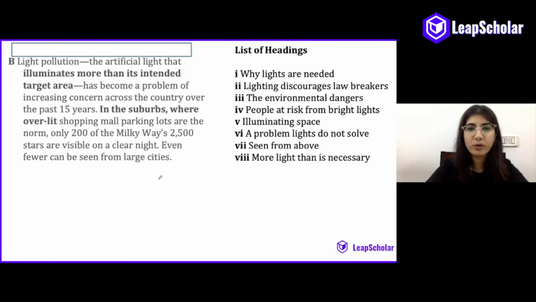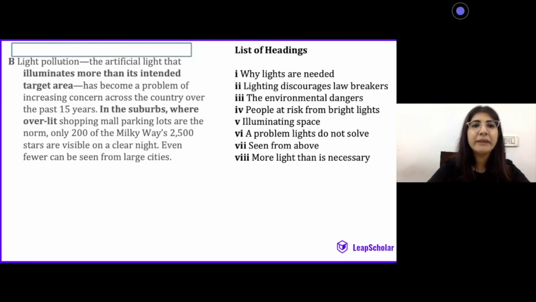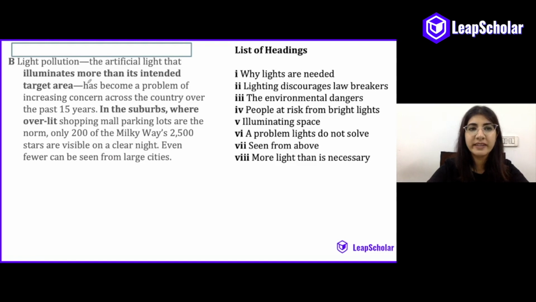Light pollution, the artificial light that illuminates more than its intended target area, has become a problem of increasing concern across the country over the past 15 years. In the suburban region where overlit shopping mall parking lots are the norm, only 200 of the Milky Way's 2,500 stars are visible on a clear night. Even fewer can be seen from large cities.